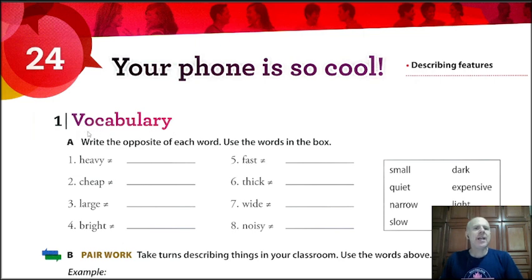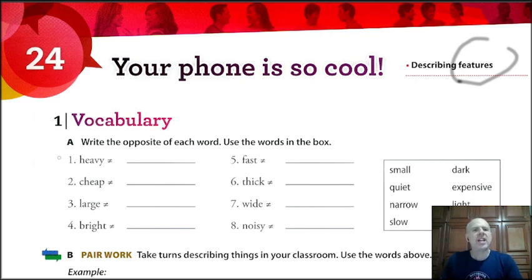And here we have the first exercise, that is the vocabulary. Write the opposite of each word. Use the words in the box. Oh, because you are going to agree with me. If we're talking about features, we're talking about adjectives in English.